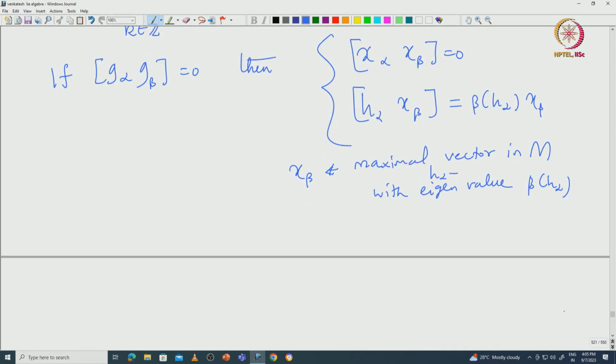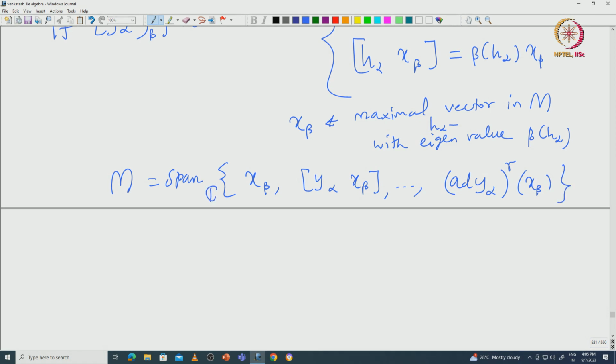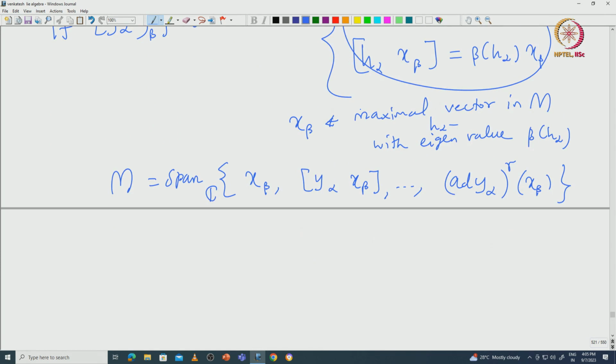So, M will be spanned by X beta, and then you apply Y alpha to X beta, and so on, up to Y alpha power r applied to X beta. This span must be equal to M, because M is generated by this maximal vector, and this is a maximal vector because M is irreducible. So, M has to be exactly the span of these elements.